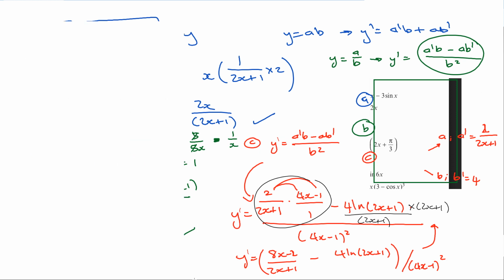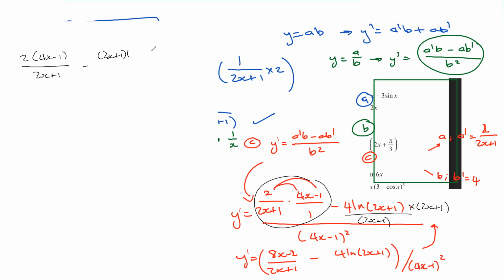Let's see if I can make a little space here on the left hand side, and I'll just finalize the last step there. Okay, so I've got 2 over 2x plus 1 as a common denominator, 2x plus 1. I've got 2 times 4x minus 1 over 2x plus 1 minus 2x plus 1 times 4 ln 2x plus 1, all over 2x plus 1.